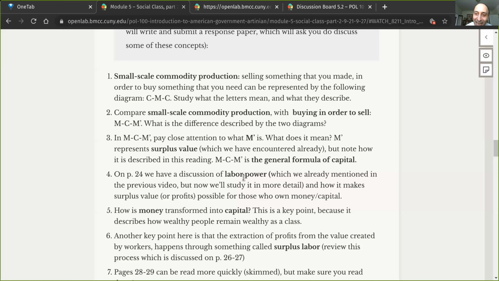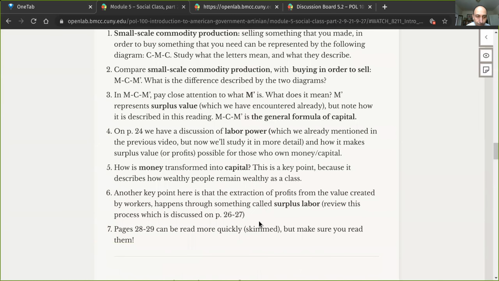That somehow has to do with labor power. And question 6: money is transformed into capital through something called surplus labor. Surplus meaning extra labor. And surplus labor is connected to labor power. So you see what we're doing. We're starting to establish these webs of meaning about social class.